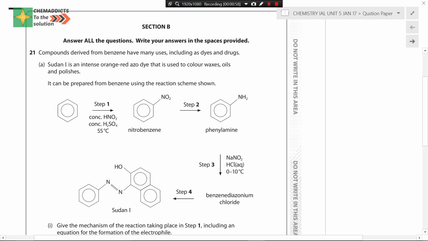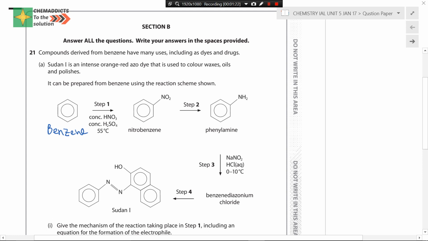It can be prepared from benzene using the reaction scheme shown. So here it is benzene, and the reaction scheme is given over here.